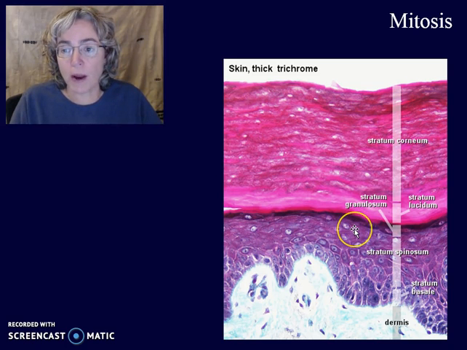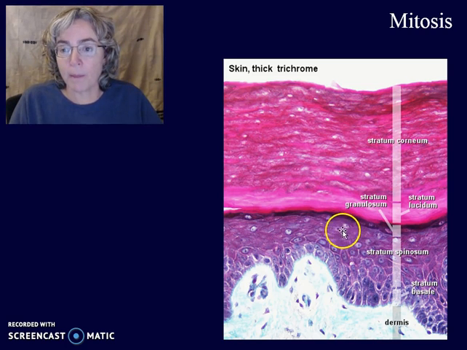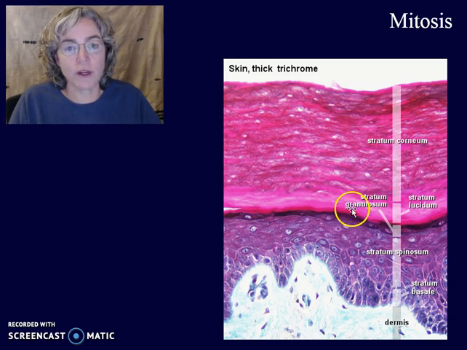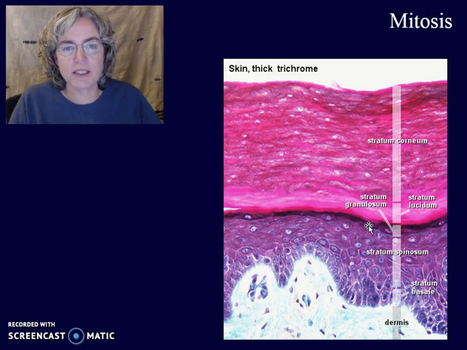They're not going to go through mitosis. They're going into G0 to do their job, to be skin, but they are no longer going to go through cell division. Okay, so that is mitosis, and I hope you found that interesting, and let's move on to meiosis.